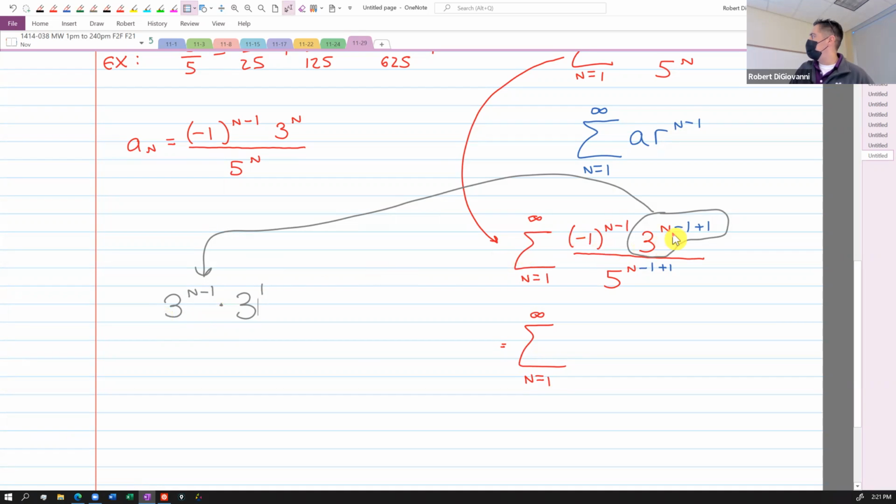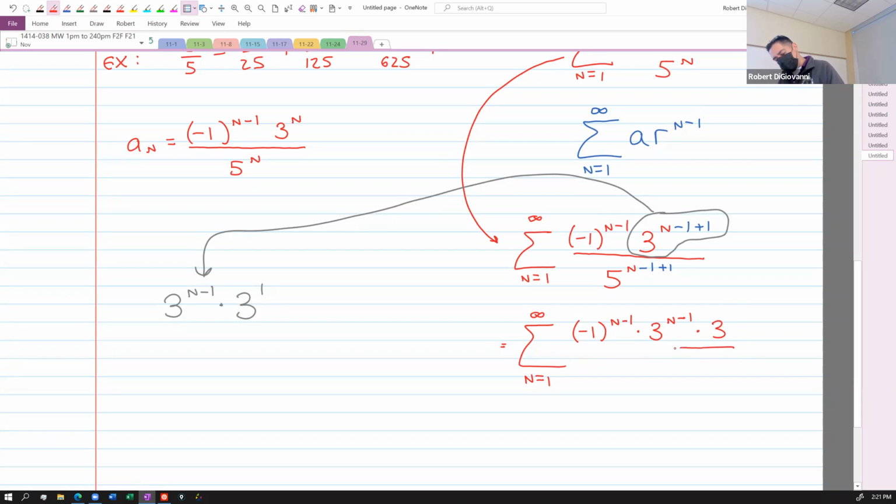So I'm basically taking this and I'm peeling it backwards, right? I'm going to take it from here back to here. And then I'll have a 3 to the n minus 1, and then there will be a 3 next to it. See, isn't that clever? So I'm going to go negative 1 to the n minus 1 times now a 3 to the n minus 1, but I have a 3 next to it.